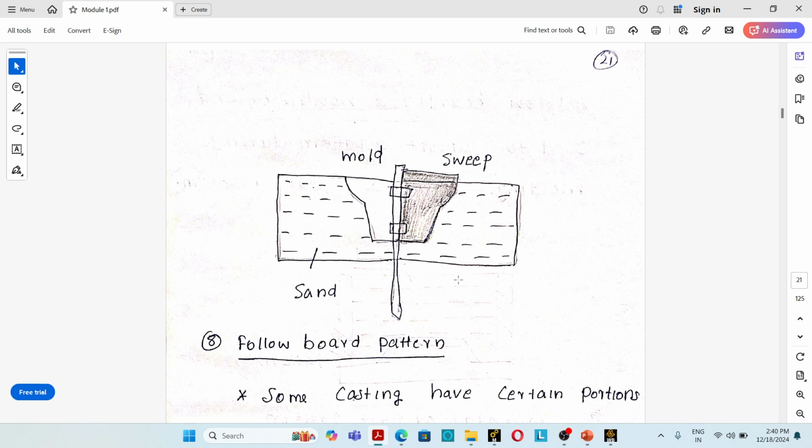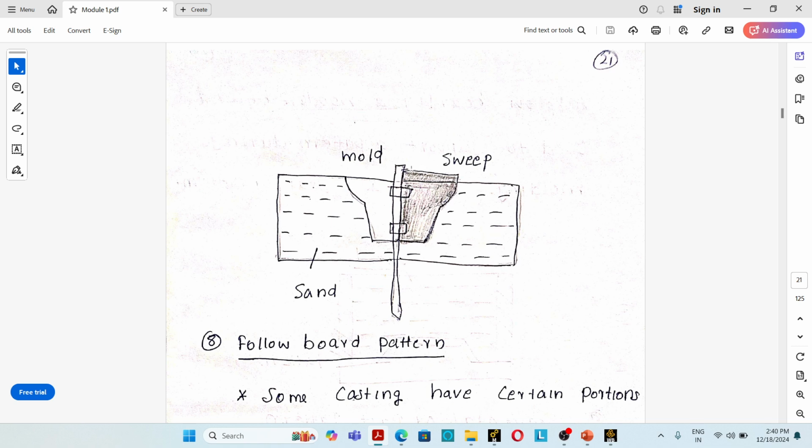A sweep pattern consists of a vertical spindle and a wooden template. The outer edge of the template corresponds to the contour, the shape of the casting. So this is a needle and a wooden template.